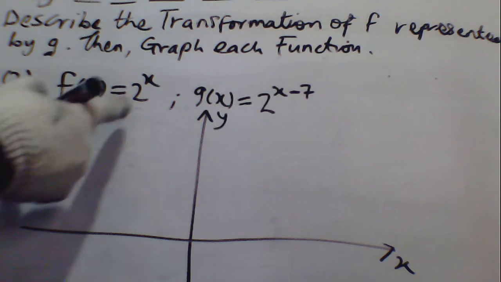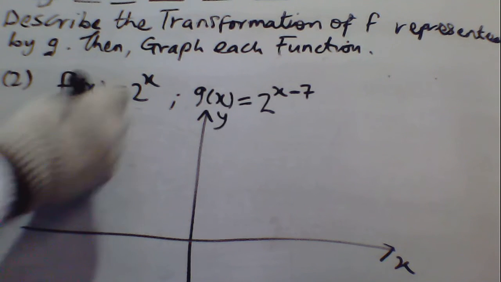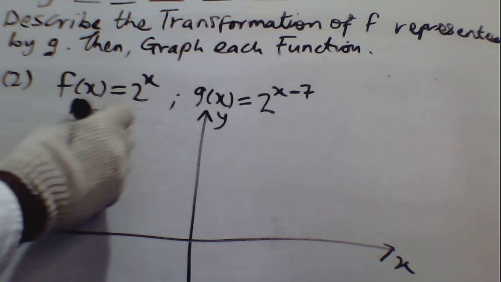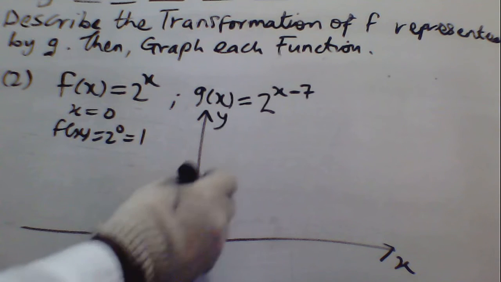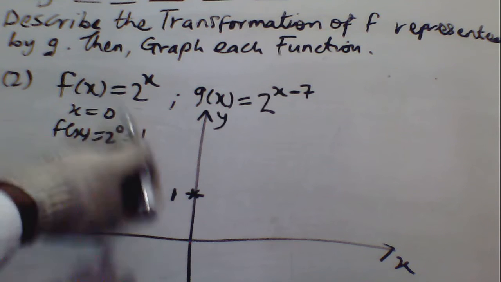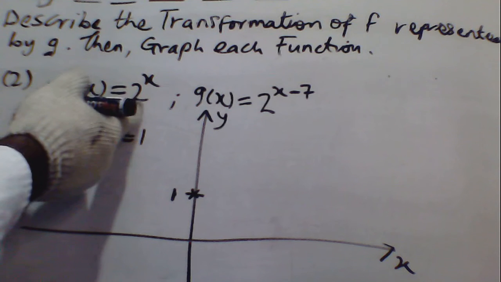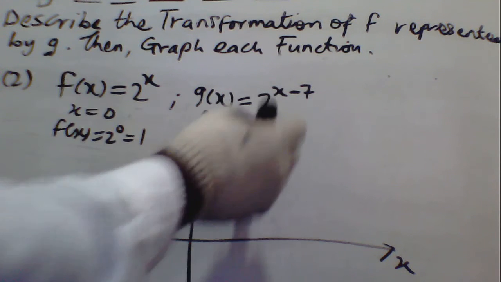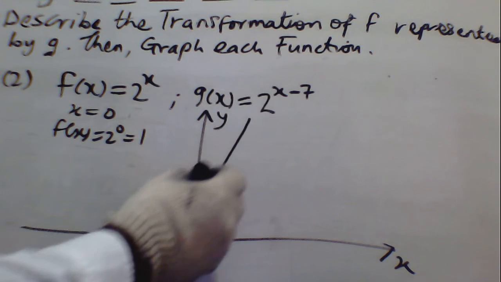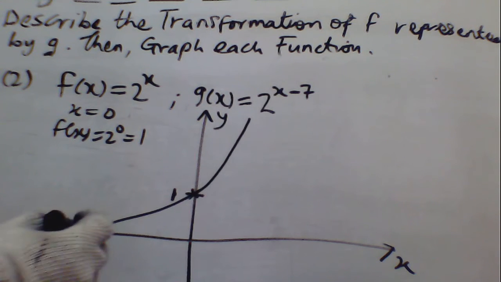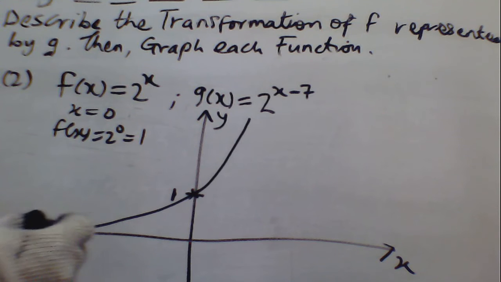Already we know that whenever x is equal to 0, f of x, the parent, will be 2 raised to power 0. That will give us 1. It always starts from 1. And because the base b is greater than 1, it will be from here. Just take your curve, put it here, and then graph the function.